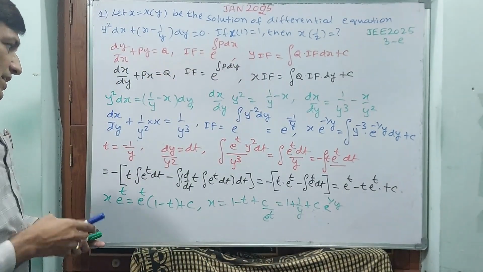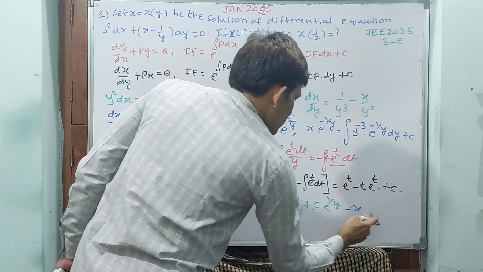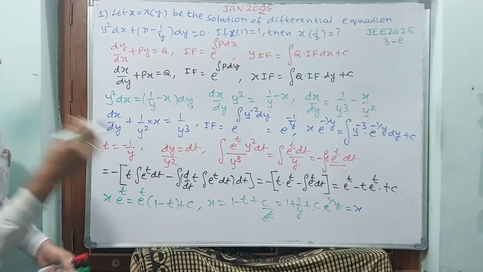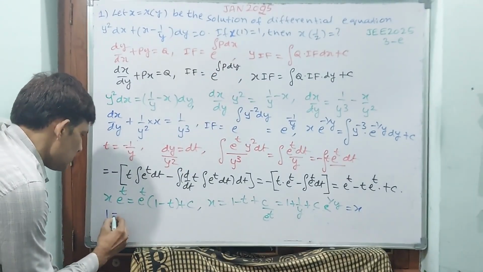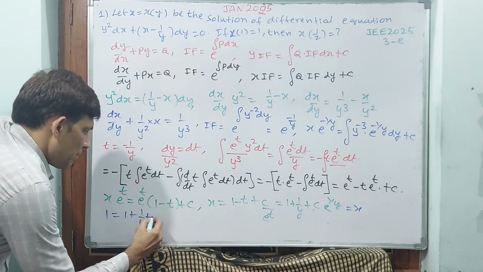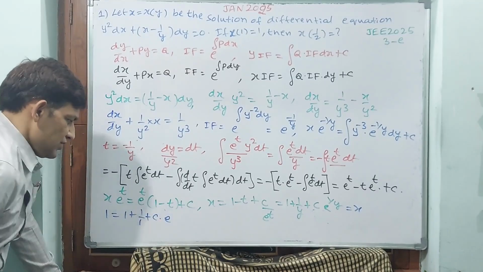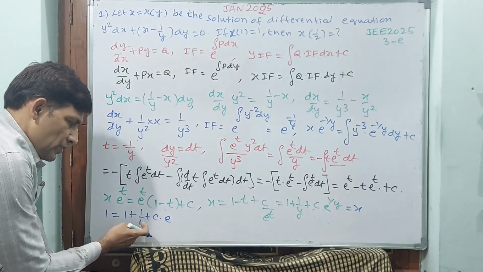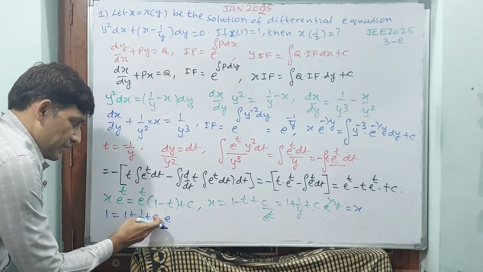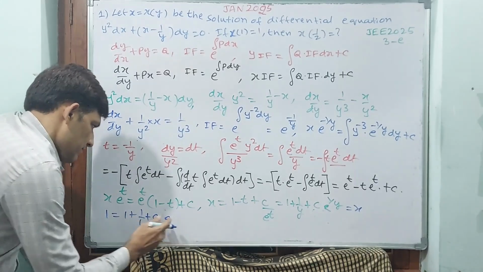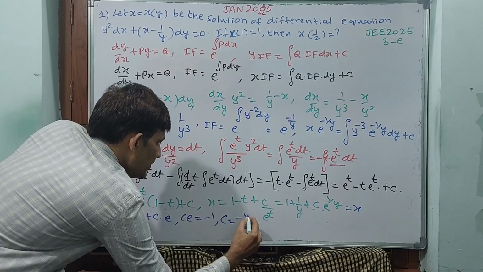Okay, what is this x value we are talking about, x value, see this is equal to x, now x is equal to y form it is there, y is equal to x form like, now here one hint they have given, x also 1, y also 1, then you substitute, 1 is equal to 1 plus 1 by 1 plus c into e power 1 by 1, or else 1 you need not write, c into e, see 1 plus 1 2, 2 go that side, if you go 1 minus 2 minus 1, okay, c is equal to minus 1, that means c is equal to minus 1 by e.